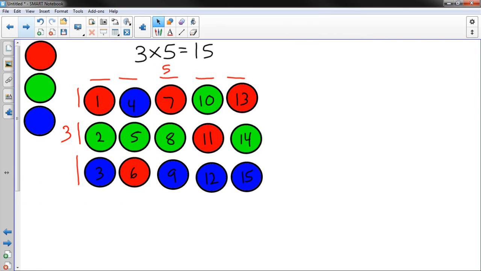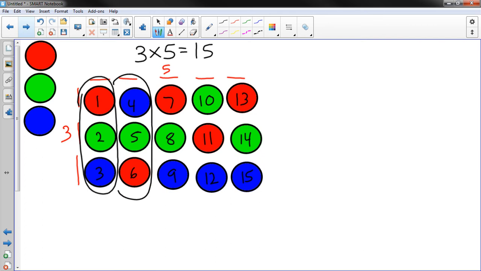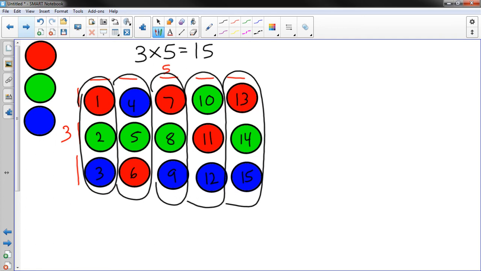One thing you could do is think of these in groups. There's 1 group of 3, 2 groups of 3, 3 groups of 3, 4 groups of 3, 5 groups of 3, right?